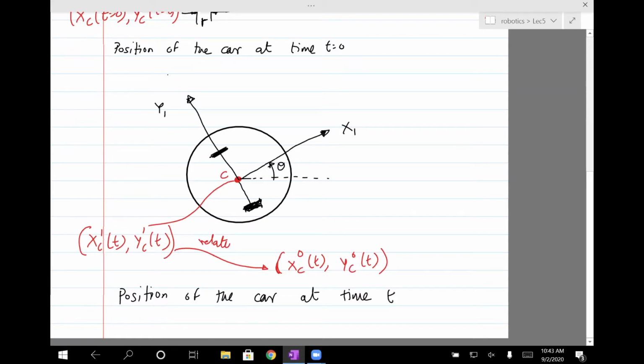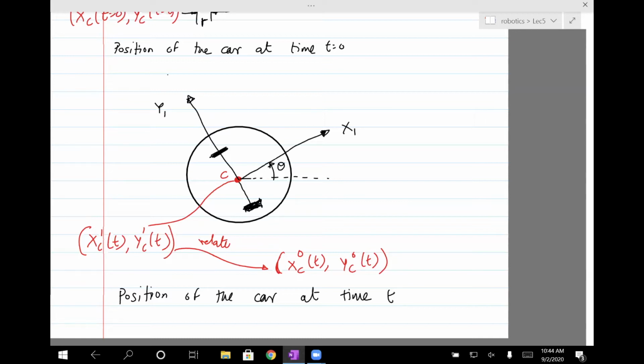Okay, so what I'm trying to do now is effectively figure out the forward kinematics. In the case of a manipulator, that was finding the position of the end effector given the angles.